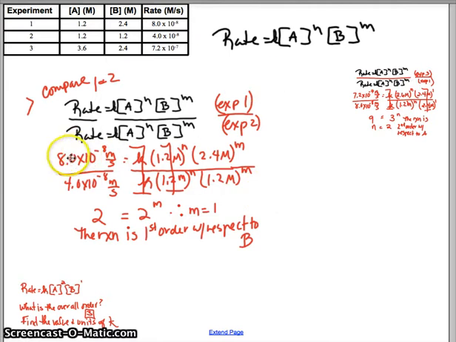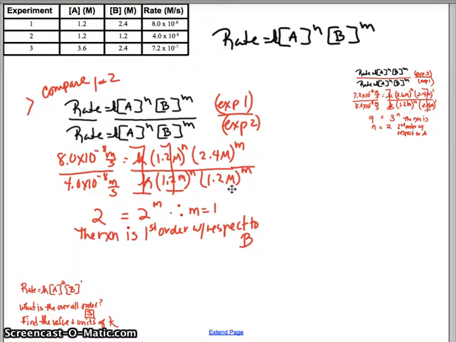So here I've got 8 times 10 to the negative 8 molarity per second is equal to K times the constant 1.2 molar solution of A times 2.4 molar solution of B to the mth power, and I'm going to compare that to experiment 2, which is 4.0 times 10 to the negative 8 molarity per second, equal to K times 1.2 capital M to the nth power times 1.2 capital M to the mth power, which is the concentration of B. Notice, just like in the earlier problem, the rate constant by definition is a constant, so that's the same value.